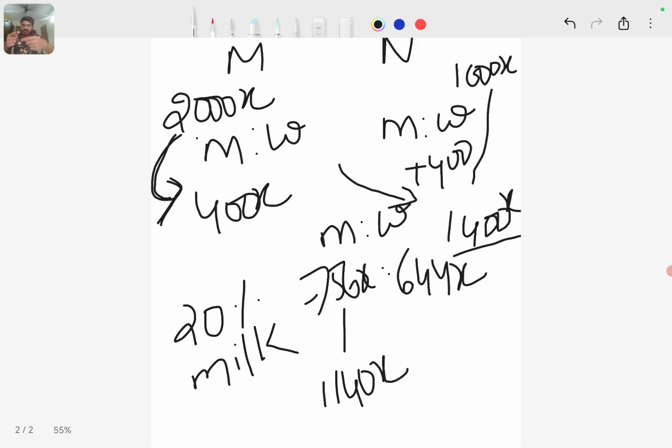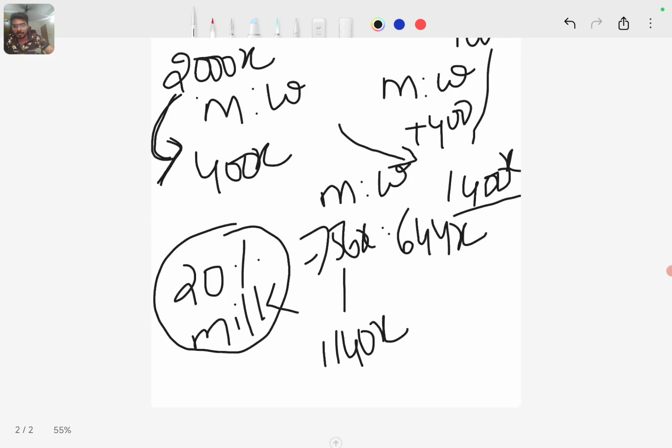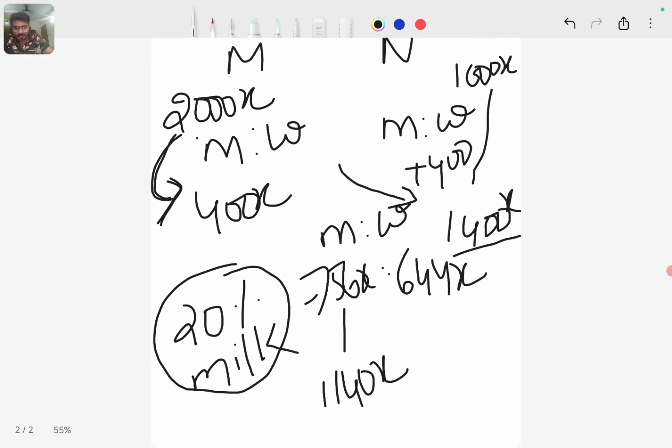So the difference between percentages while we are pouring that milk content into the mixture N is, first we have added 20%, second we have added 100%. So what is the difference? 80% of the milk. Here what is the difference? 1140 minus 756. How much have we added more? So I will add 44 here, so that it will become 800.